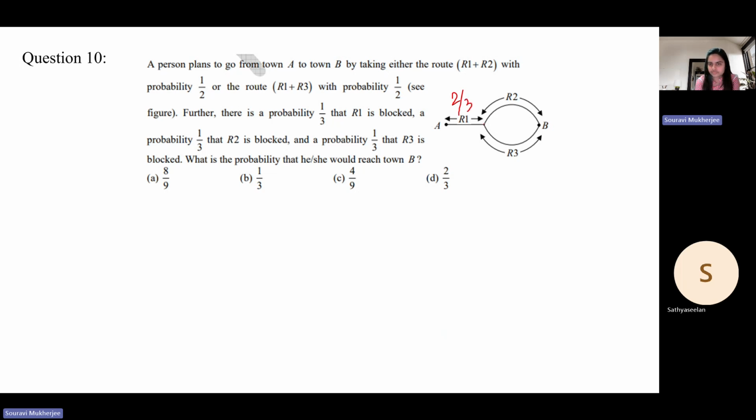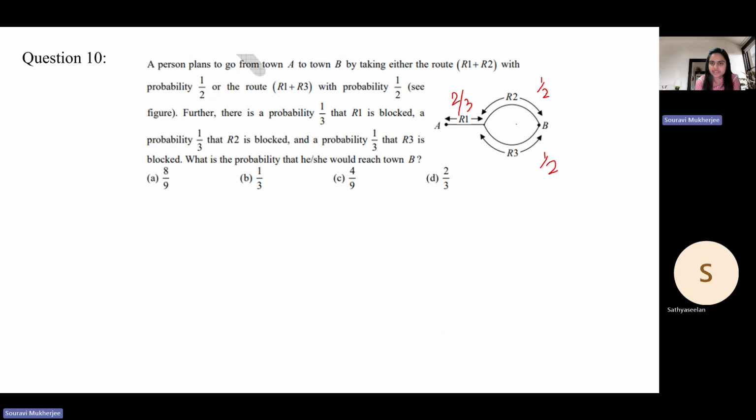Now, once you are here, there are two options. You can take this route with a probability of half, and you can also take the other route with a probability of half, given that R2 or R3, whichever you take, is unblocked. Because there's also a probability that R2 and R3 can be blocked.